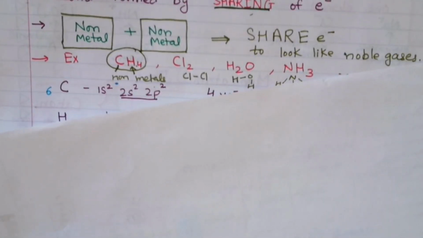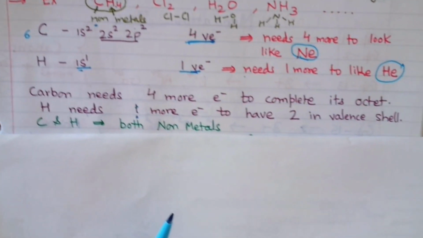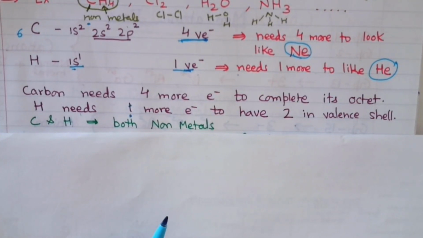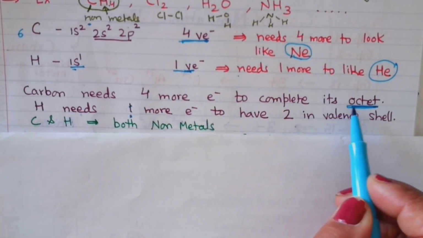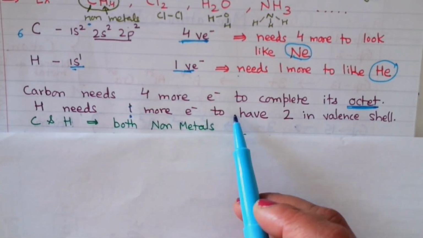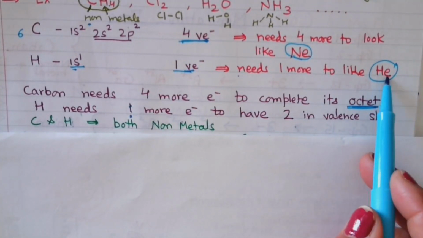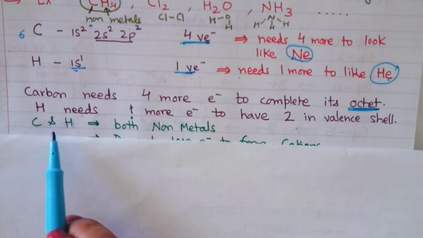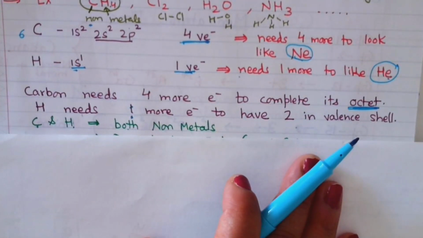So what happens? Since carbon needs 4 more to complete its octet, having 8 electrons in its valence shell, and hydrogen needs 1 more to have 2 in the valence shell and look like helium, right? So now look, carbon and hydrogen are both non-metals, right?